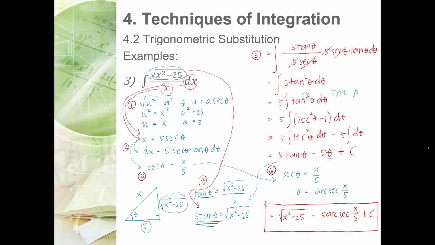All right, so questions or clarifications? I think there's no question, so let's proceed with the fourth example.